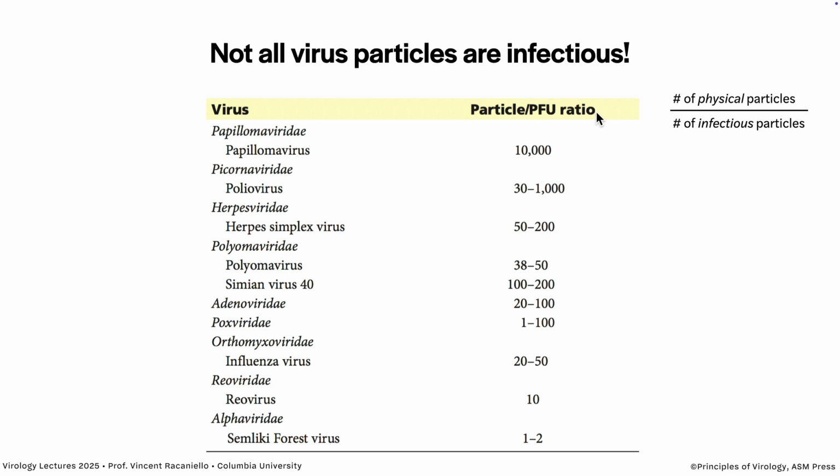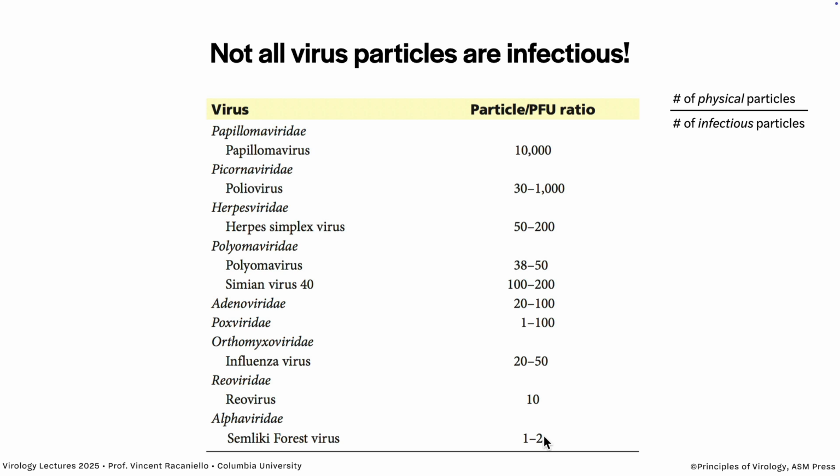And that simply is, for any given virus, if you take the number of physical particles, which you have to find a way to count them, and divide by the number of infectious particles, that's a measure of how many virus particles are infectious.